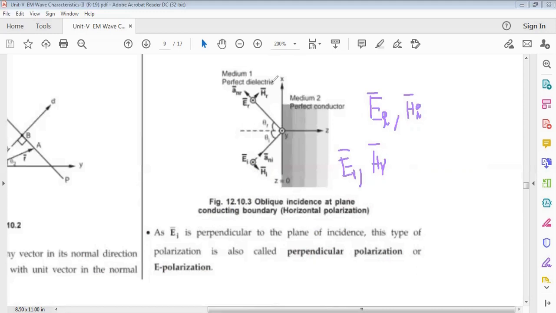Now combine the equations because it is in medium one. In medium one, both the incident and the reflection, E1 bar is equal to the combination of EI bar plus ER bar. Both are in medium one. EI bar plus ER bar.